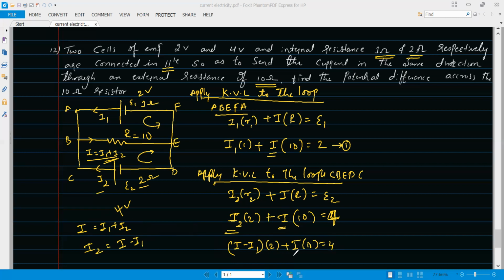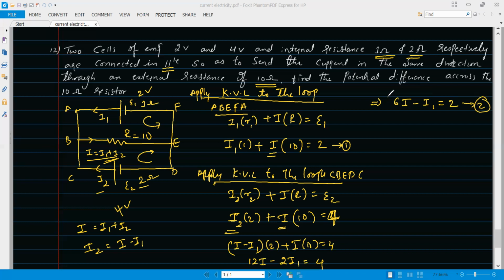This becomes 2I plus 10I, that is 12I, minus 2I1 is equal to 4. If you divide the whole equation by 2, it becomes 6I minus I1 is equal to 2. Let us call this equation number 2.